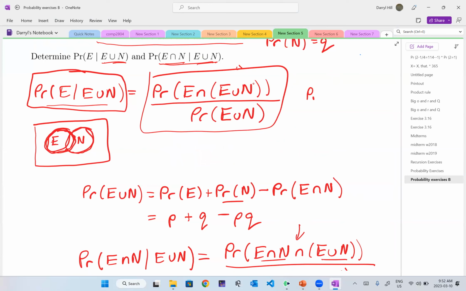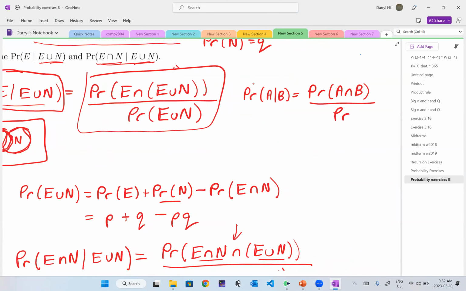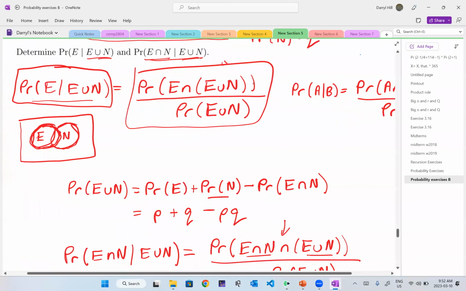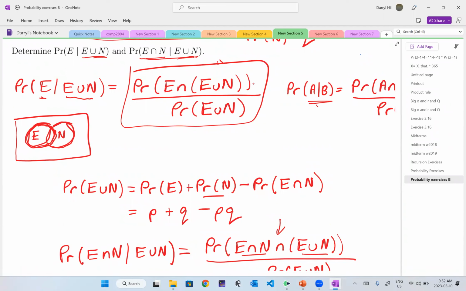So if I have probability of A given B is equal to probability of A intersect B over the probability of B. Now instead of B, I'm just taking this entire thing and plugging it in where the B goes. So E becomes my A over here, and this entire thing becomes my B. So it's just A intersect B, which is E intersect E union N, over the probability of E union N.